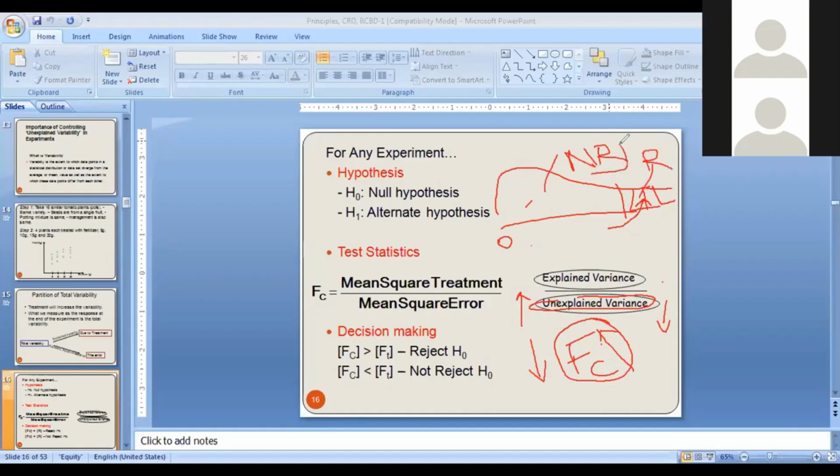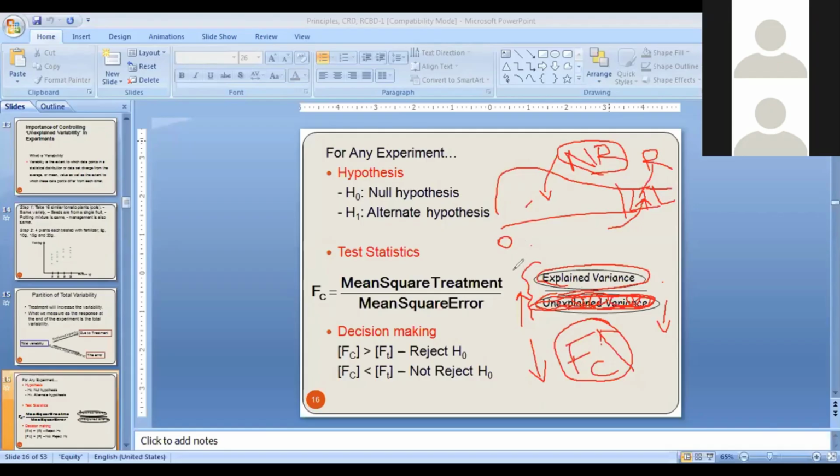Even though there may be some effect due to the treatment, because of this test statistic we come to the conclusion that there is no treatment effect. That is purely because the unexplained variation is high. So that is the reason why we want to control this unexplained variation. As far as we control it, it is good for the experiment results.